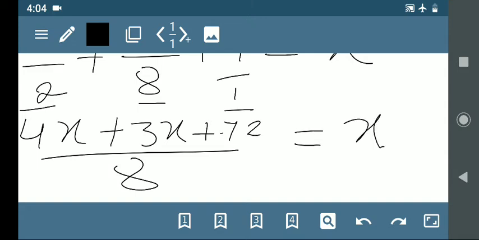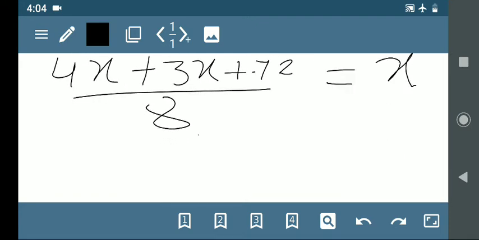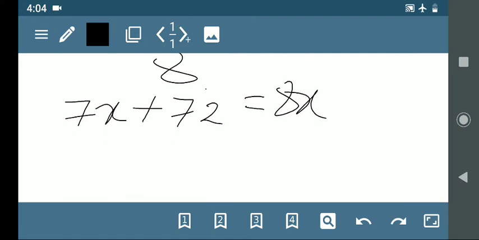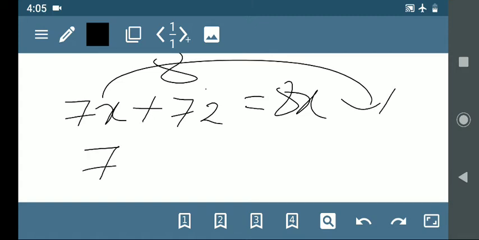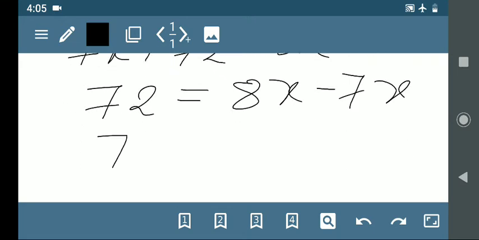Okay, so now send this 8 to RHS. You'll be having 4x plus 3x is 7x plus 72 is equals to, if you send this 8 to RHS, it will become 8 into x, that is 8x. So now send this 7x to RHS. 72 is equals to 8x minus 7x, which is x.